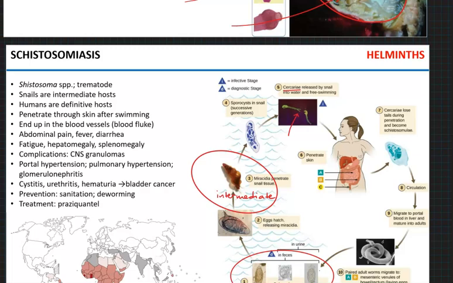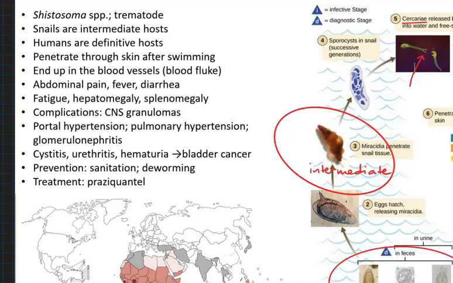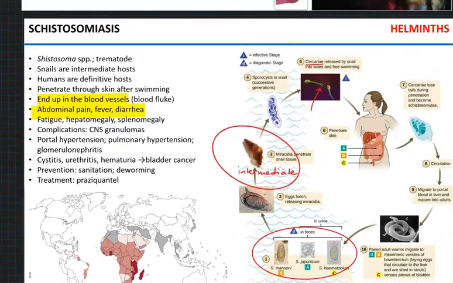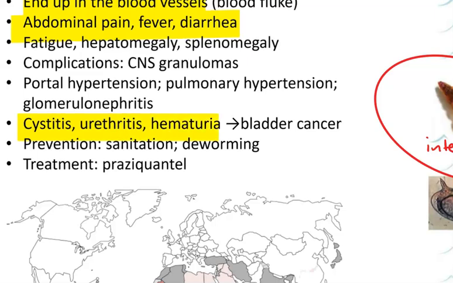They basically get through the hair follicle, end up in the circulation, and then, depending on the species, localize themselves in the blood vessels that surround either intestines or, for some reason I don't see it here, I didn't write it down, or urinary bladder. Am I making sense? So they are in the capillaries, either around intestines or urinary bladder.